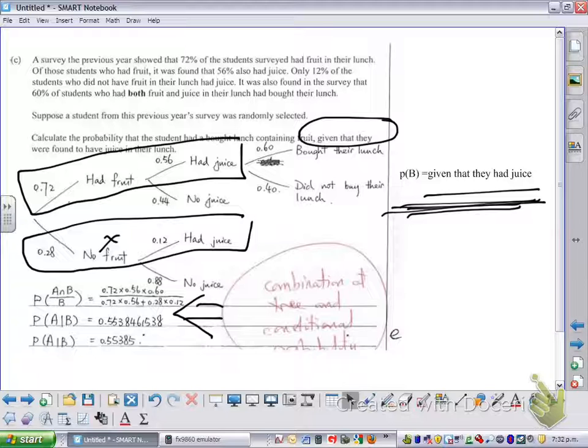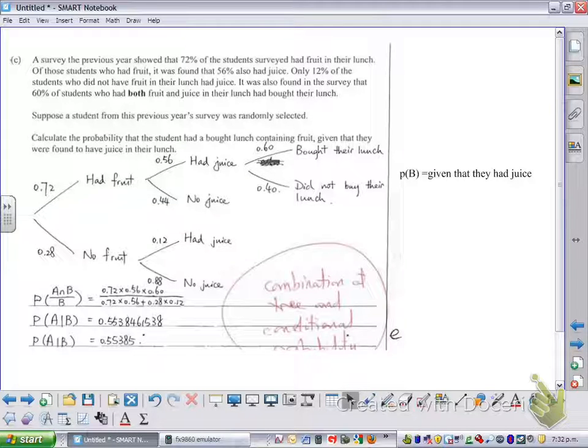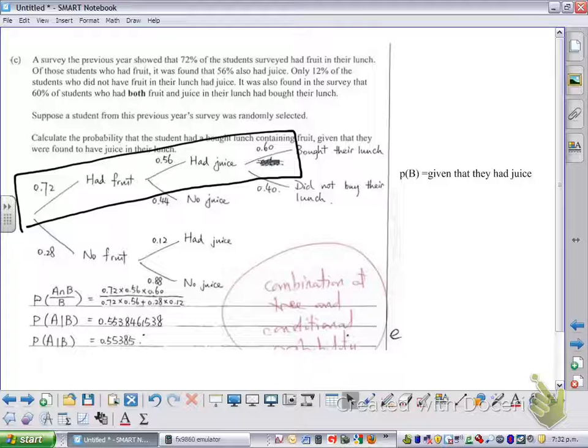Now on the top, the probability of A and B, all right, is calculate the probability the student had bought lunch containing fruit. So bought lunch containing fruit is right here. Bought lunch, 0.6, and contained fruit.